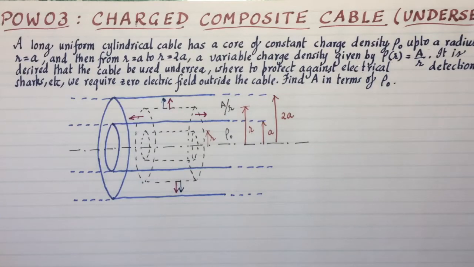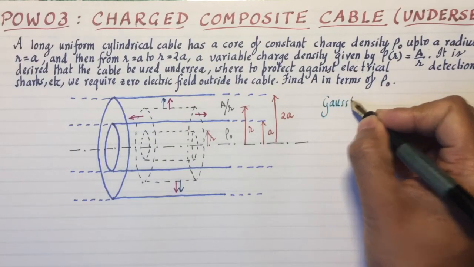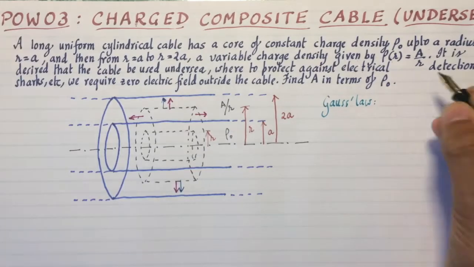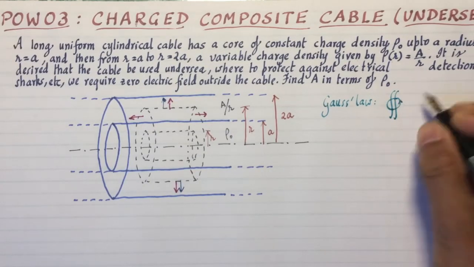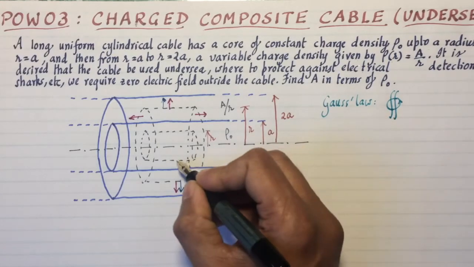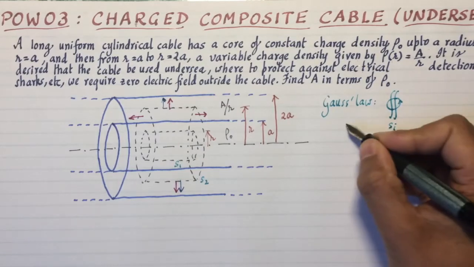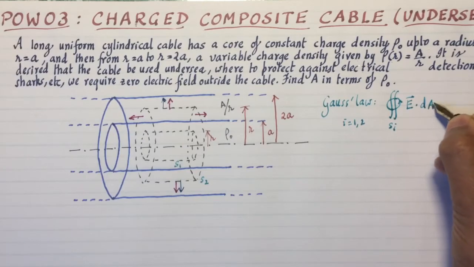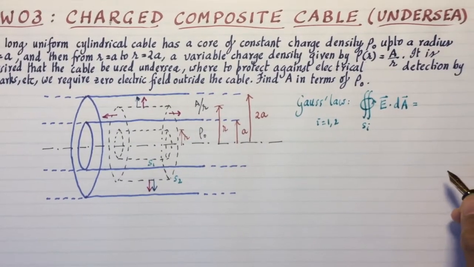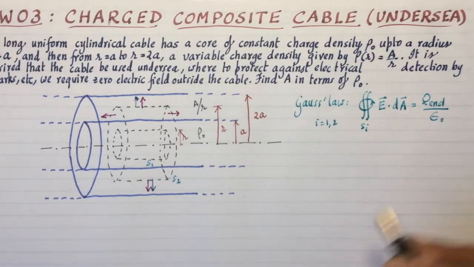So let's quickly dispatch the left-hand side of Gauss's law. Gauss's law is our strategy. Gauss's law says that the closed double integral over these Gaussian surfaces Si, where i equals 1 and 2, of E dot dA is going to be equal to the enclosed charge divided by epsilon naught.